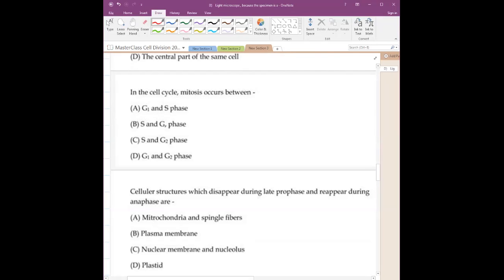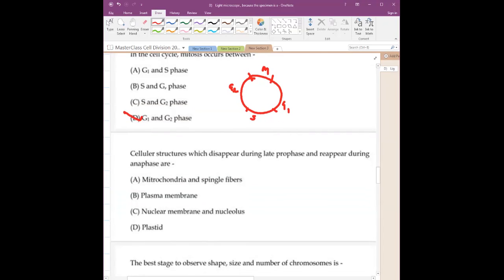See, guys, in the cell cycle, mitosis is going to occur between what? We said we are going to have G1, we have your S phase, we have G2 phase. So where is it? In between G1 and G2. Okay, actually, better would have been if they had stated G2 and G1, then it would not have created any confusion.